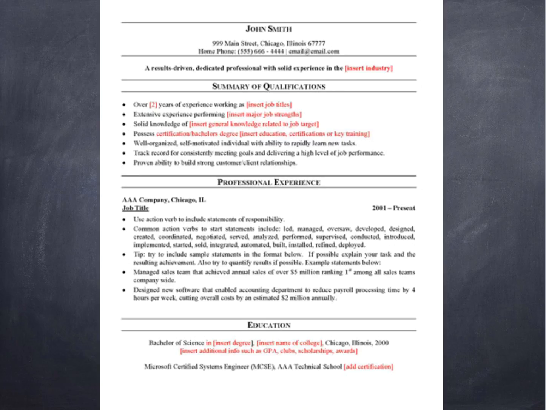It's just the right size. You'll notice that the statement of summary is right there below it. Very quick and easy. Then you have your summary of qualifications, your bullet points. This is the overview of the resume. Then you have the professional experience listed next, followed by the education.